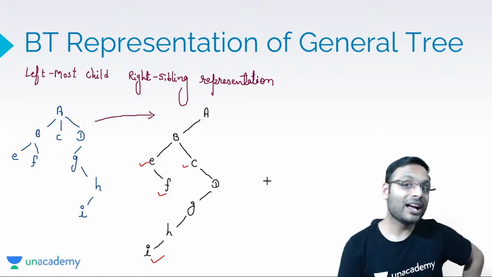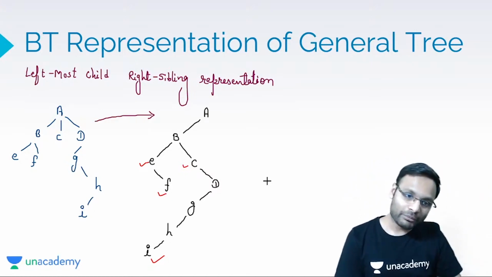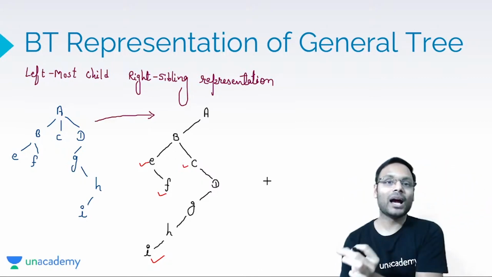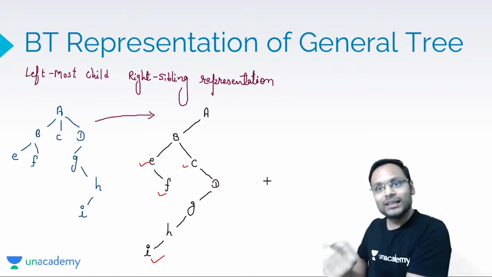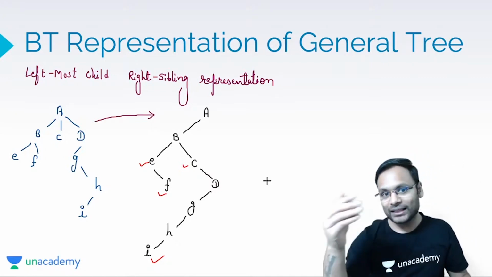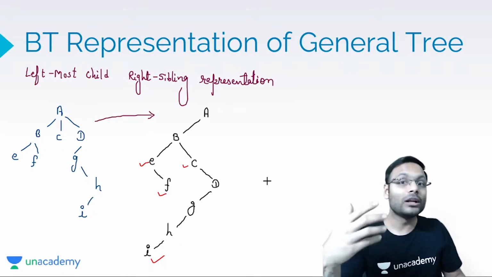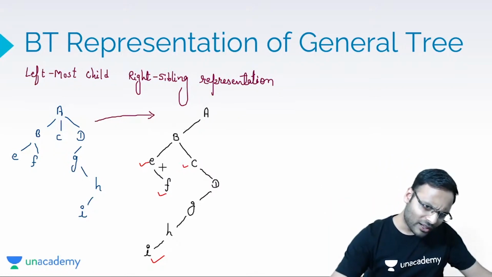लेफ्ट मोस्ट में रहेगा चाइल्ड, राइट में रहेगा सिबलिंग. लेफ्ट से पहला चाइल्ड लेफ्ट में, राइट साइड में आएगा सिबलिंग ऑफ द नोड. We cannot keep the child of a node in the right side. Right? So if we are keeping something in the right side, that is the sibling, not the child of any node. A के जितने children हैं all are in the left side.